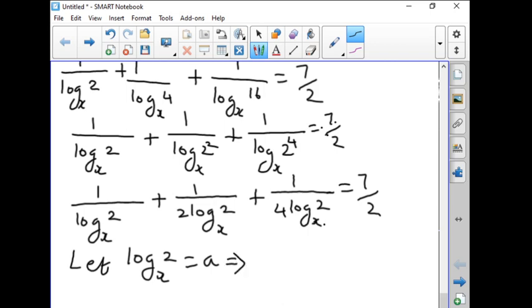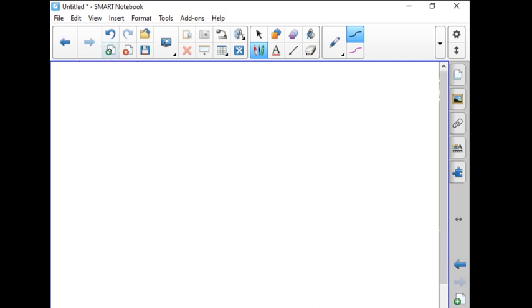So what you have here? 1 by a plus 1 by 2a plus 1 by 4a is equal to 7 by 2. So what is the LCM in the left hand side? LCM in the left hand side is 4a.